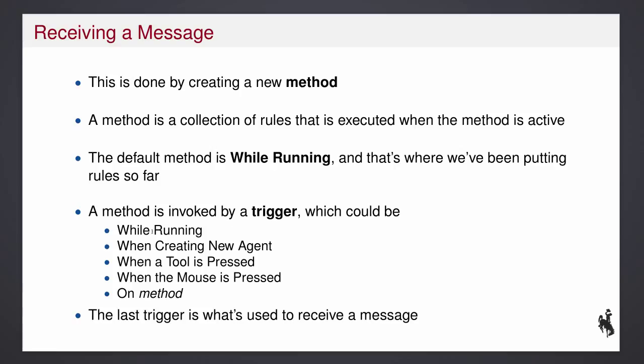Okay, here are some of the other triggers. While running, that actually could make a message execute. Just always do it. While creating a new agent, that happens at the very beginning. Whenever you build an agent and you put it somewhere in your worksheet, at that point, if you have a method called when creating a new agent, it will get called. Okay.